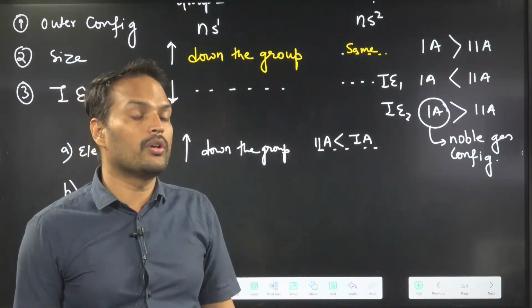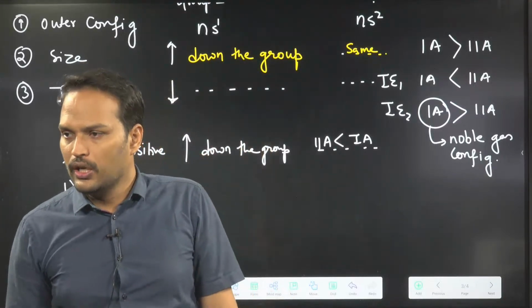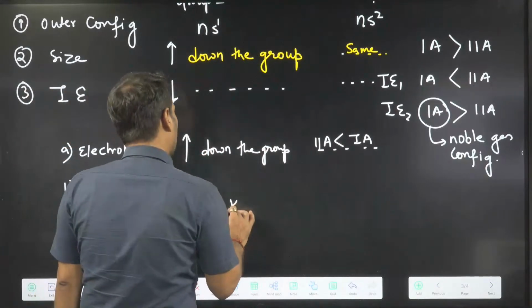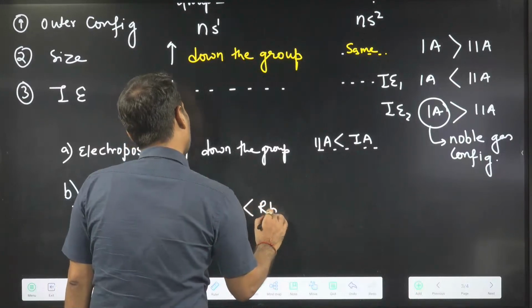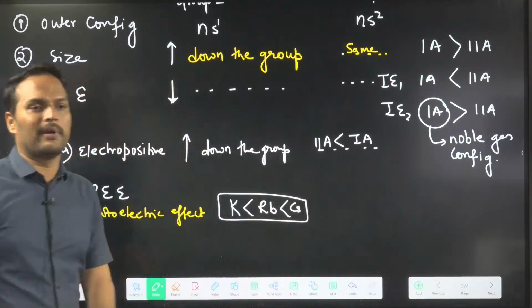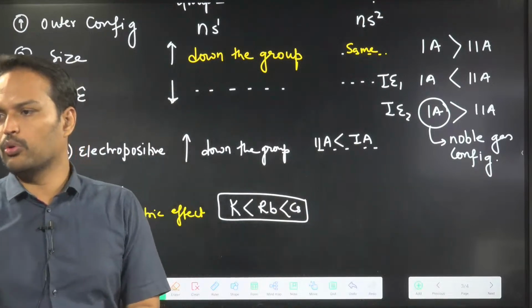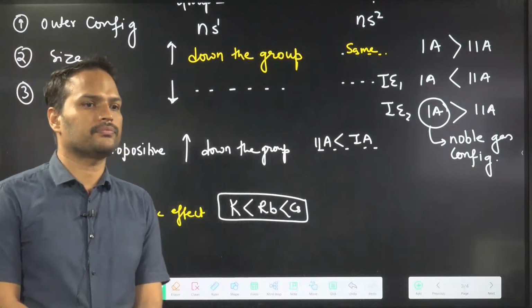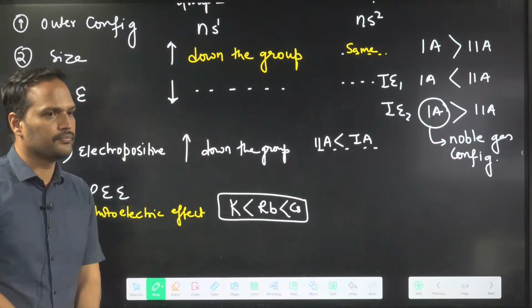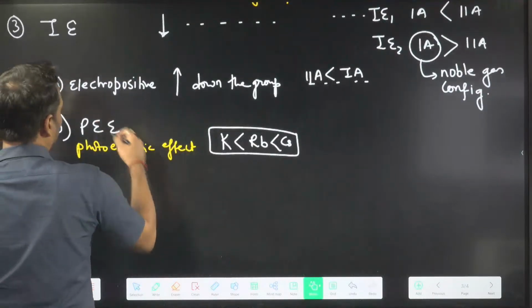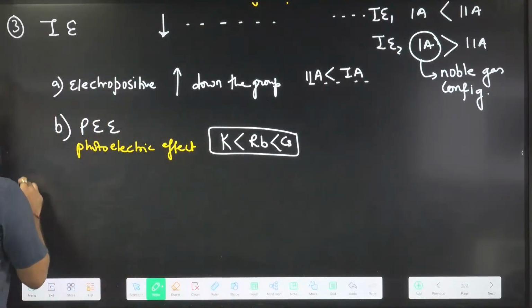Then they will ask you which metals can be used. They took group 1 elements only, like potassium, rubidium, cesium. So group 1 metals can be used in photoelectric also. Cesium best. Is this clear? So these two properties were dependent on ionization energy.